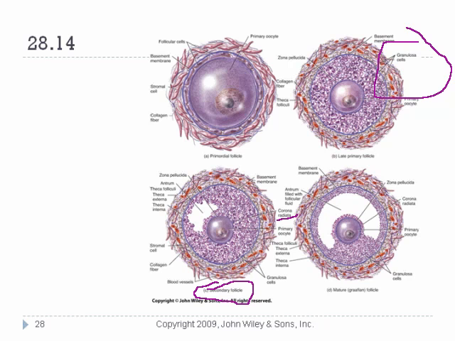And even in this mature Graafian follicle, we still have the corona radiata. That's what the sperm has to get through in order to get to the egg to fertilize it. And so that's why the sperm needs that acrosomal cap that secretes enzymes to eat through this layer of granulosa cells to actually get to the ovum.